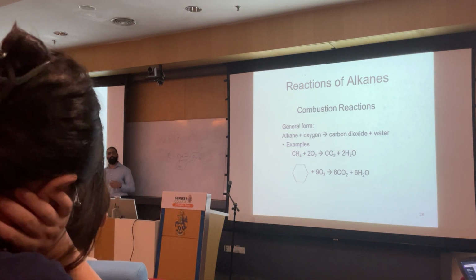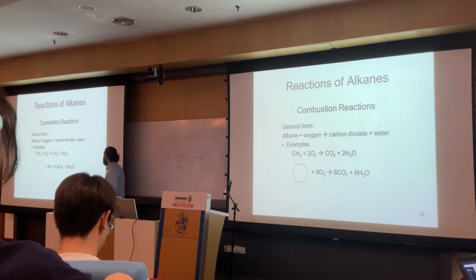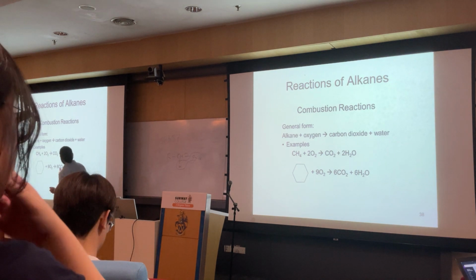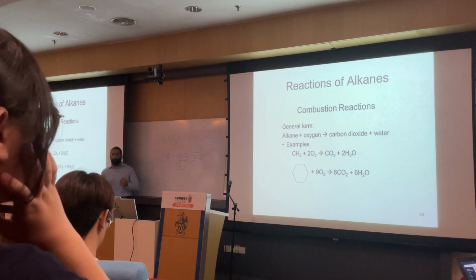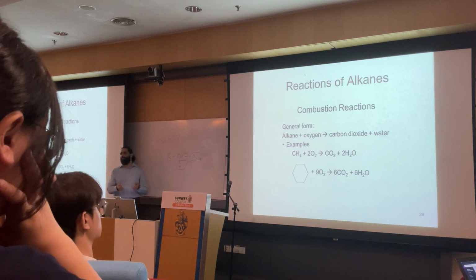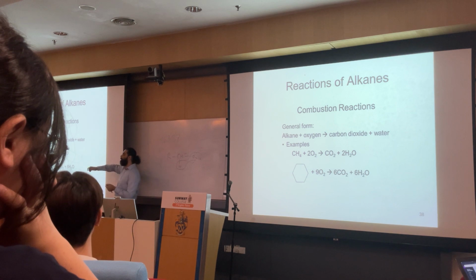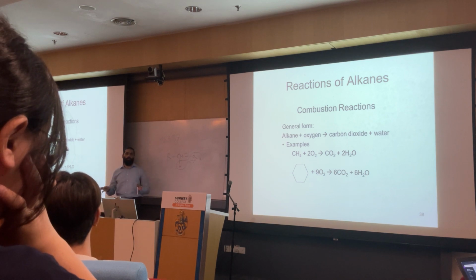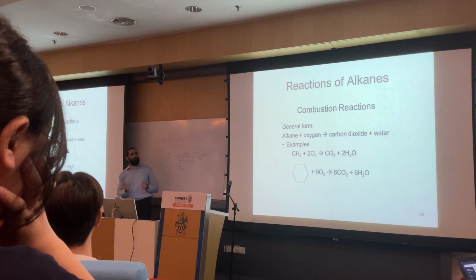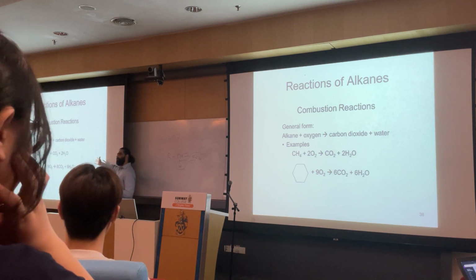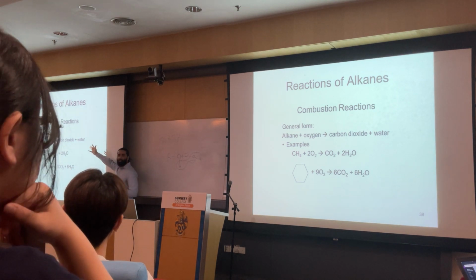Now, what types of reactions do alkanes do? Combustion reactions are the burning of molecules in the presence of oxygen, and this reaction is common for all organic compounds. All carbon-containing compounds, which are organic compounds, would do a combustion reaction. Alkanes are no different.